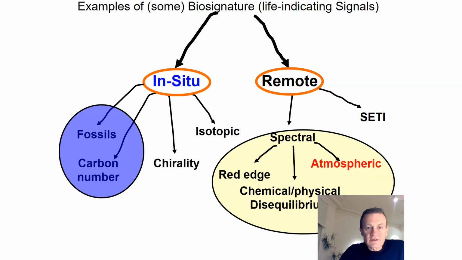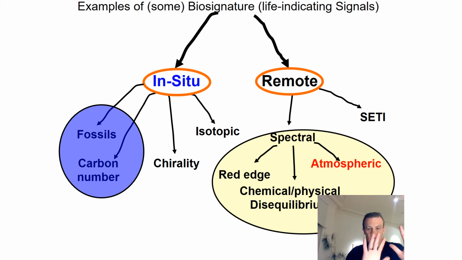So some examples of biosignatures, life-indicating signals. These are general examples on the left-hand side. So in situ examples, of course, the blue circle. You can look at fossils, for example. You can look at the pattern of carbon numbers. You can look at chirality, which is a measure of symmetry.